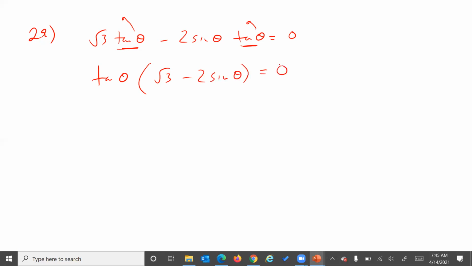Perfect. So if you have 2 different functions, if you can factor it out, please do so. I got 2 things that are multiplying to give you 0. Therefore, now I can separate them out. So tangent is equal to 0, or boom.